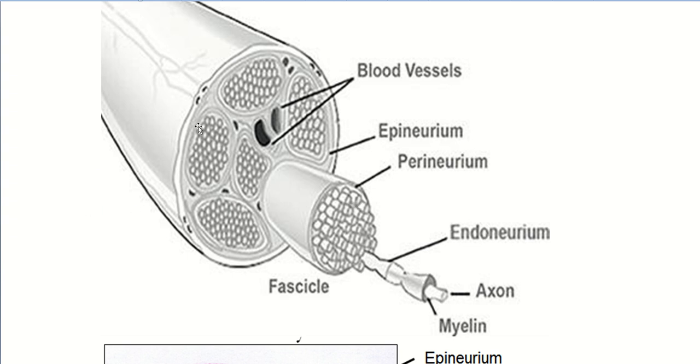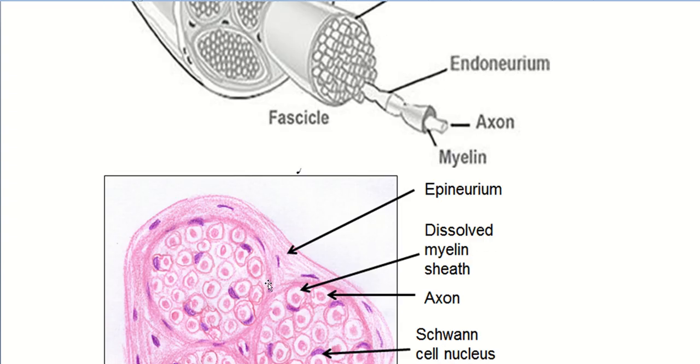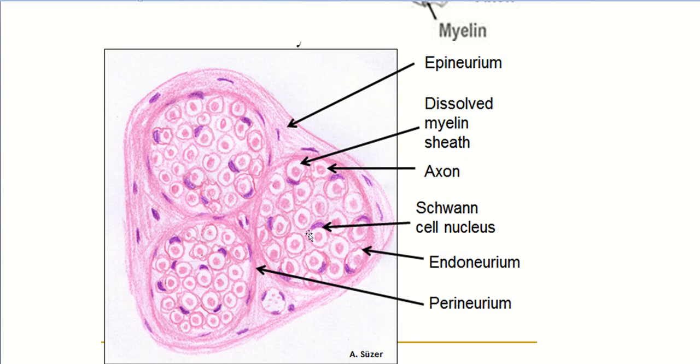When the cross section of the peripheral nerve is seen under the microscope, it looks like this. So you see this pink colored dot is the axon of the nerve fiber. Axon is actually a cytoplasmic extension.